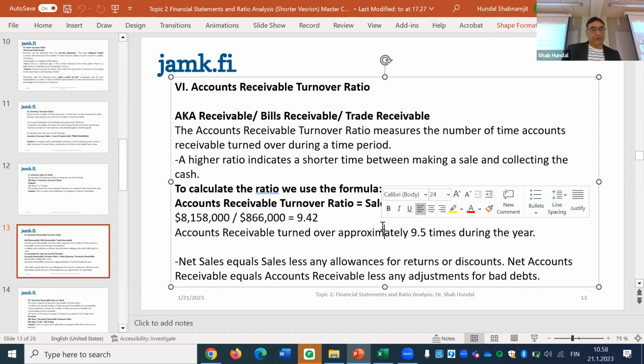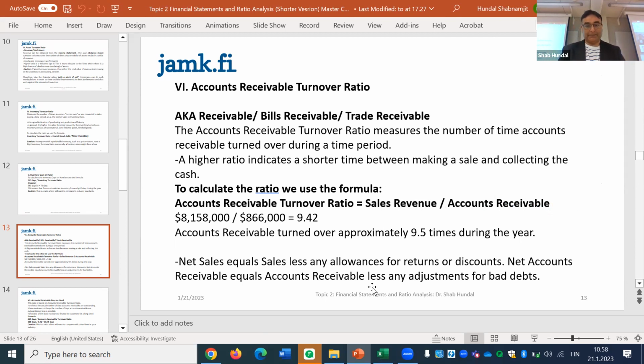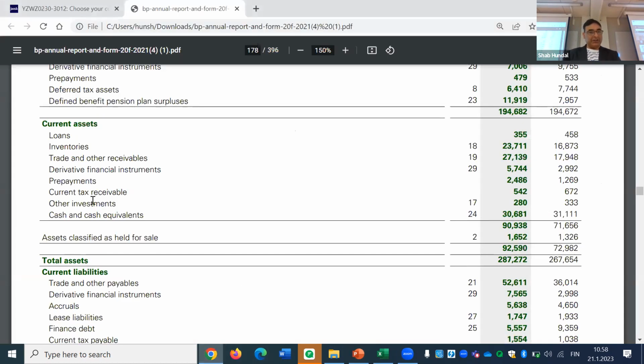Yeah, makes sense? So now we do the same thing for our lovely BP. We have the total sales revenue, but we don't have the information about the accounts receivable. But no problem, we can go to the balance sheet and see accounts receivable. Again, most likely they would be in the current assets, because generally the customer pays you within a year. But in some cases they could take longer, especially in B2B, business to business transactions.